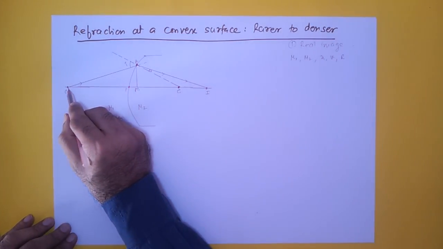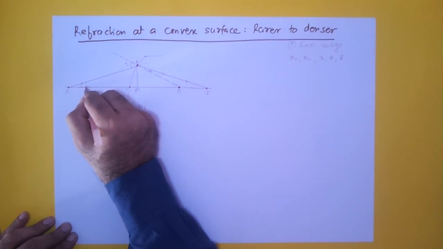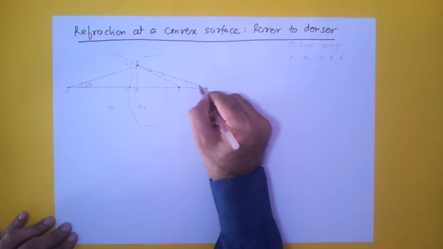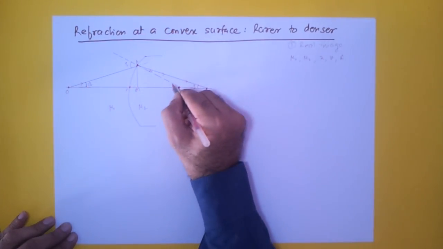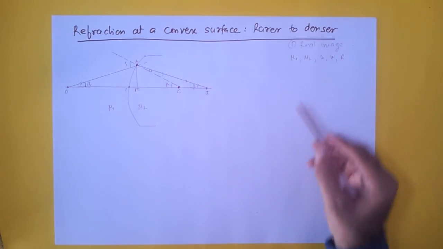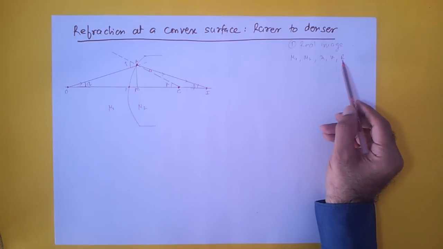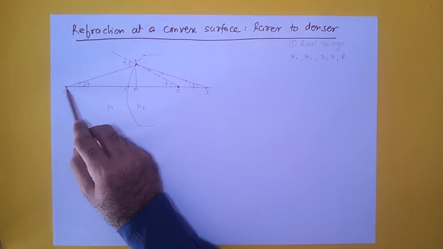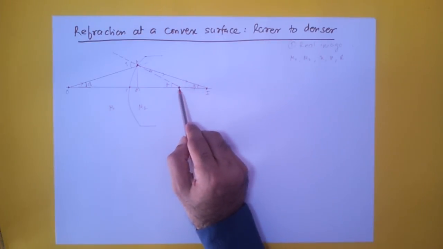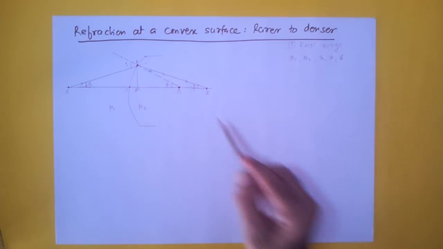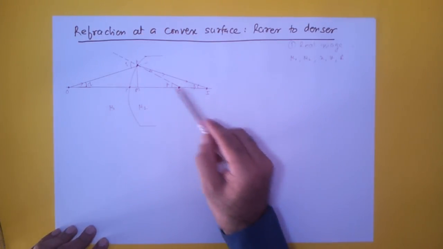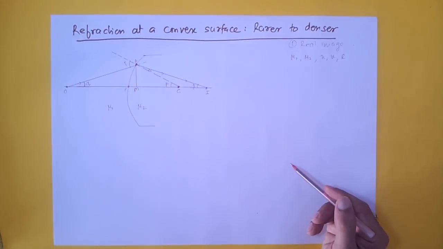Let us say this angle with the point of the object is alpha, with the image beta, and this is gamma. The reason why we are taking these angles is because we are trying to find a relationship between u, v and r. This O represents the object, I represents image, and this represents r, the radius of curvature. So we have now three more angles, alpha, gamma and beta, and we also have i and r.